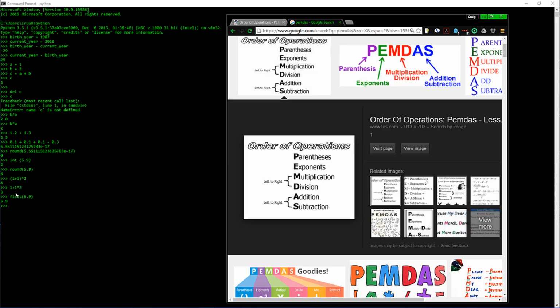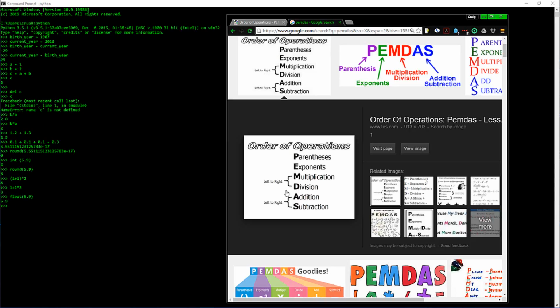And then here, since remember the PEMDAS, we get 1 times 2 equals 2, since 1 times whatever equals whatever. Then we have plus 1 equals 3, so it's 2 plus 1 equals 3.